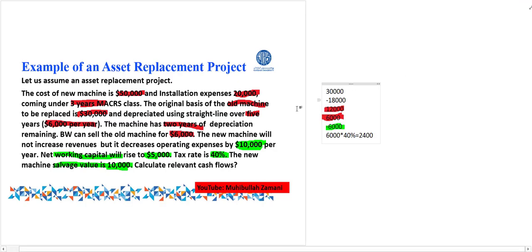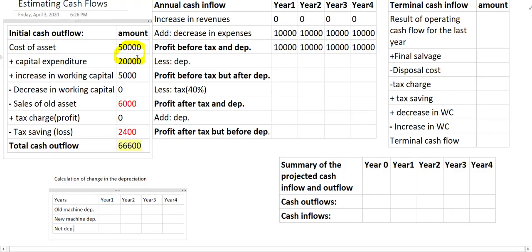As our project comes under the 3 years MACRS class, see it is mentioned here. It comes under the 3 years MACRS class. So if this is so, the cost is 70 and it comes under the 3 years MACRS class, so easily you can calculate from there. Simply let me calculate here itself, right? How to calculate?